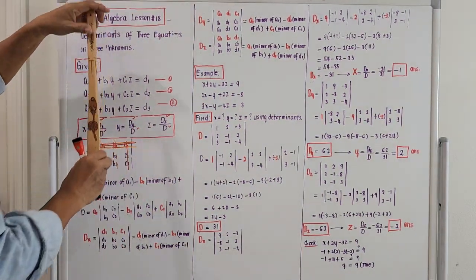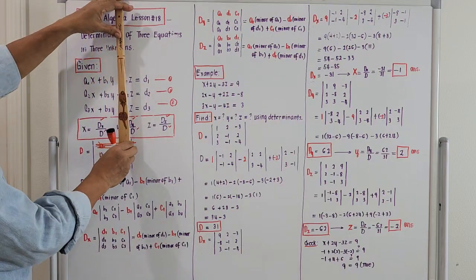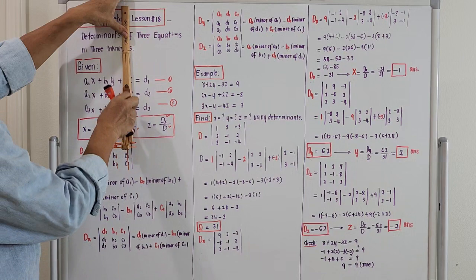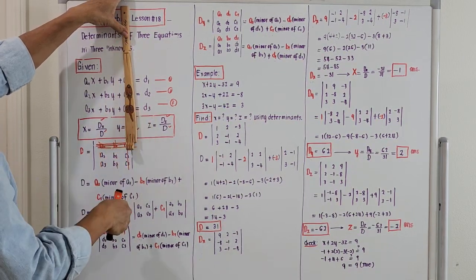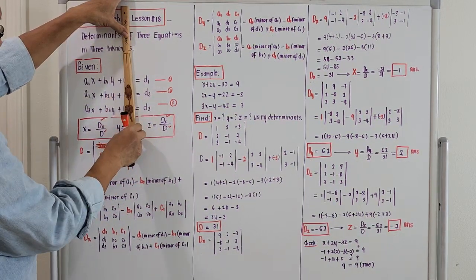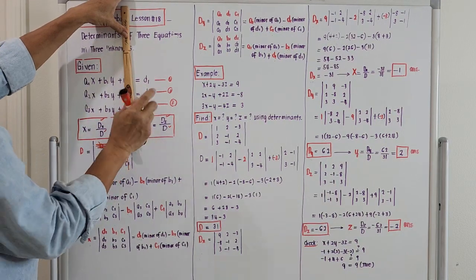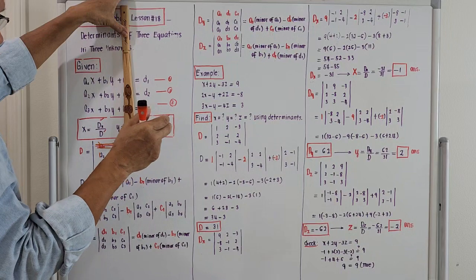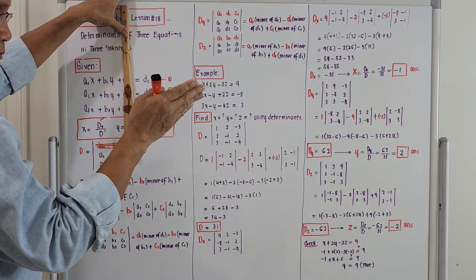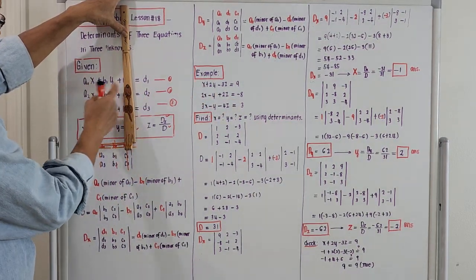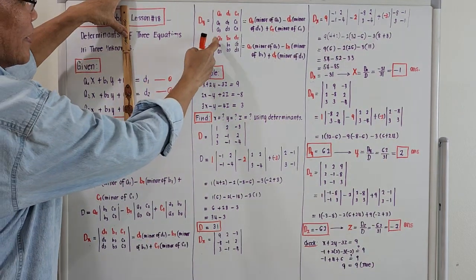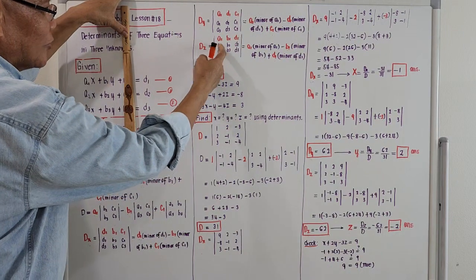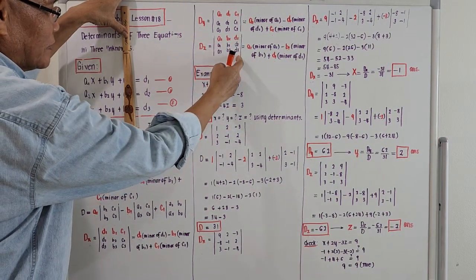And if we try to compute for the value of z, we cover the column z here on this equation. Okay, we cover it. Then replace this column by the value d1, d2, d3. So the formation or how the elements will be arranged inside the matrix will be A, B, D, right? So this is now A, B, D. So it will be A1, B1, D1, A2, B2, D2, and A3, B3, D3.